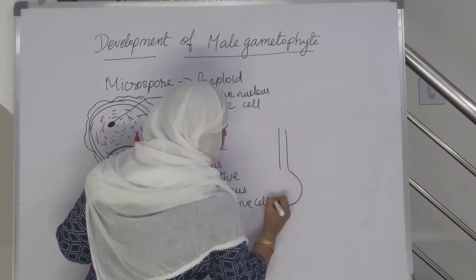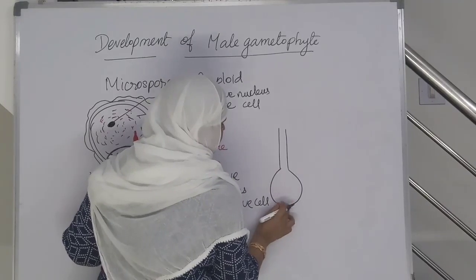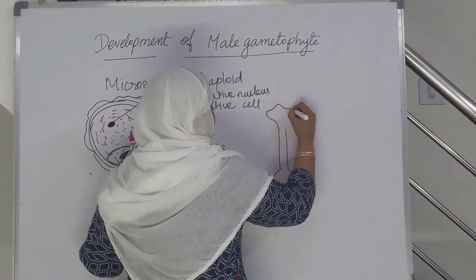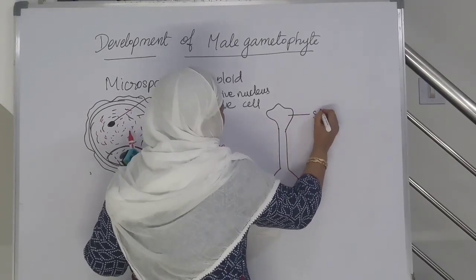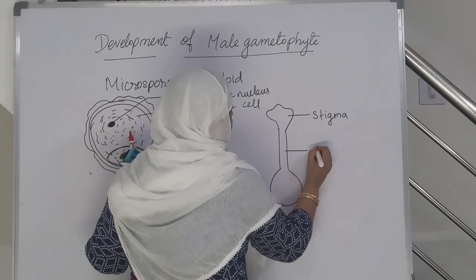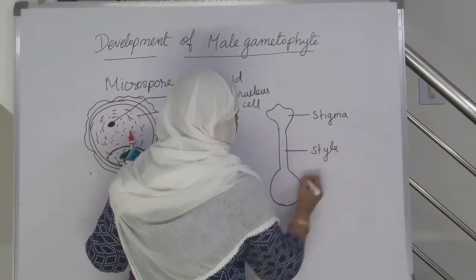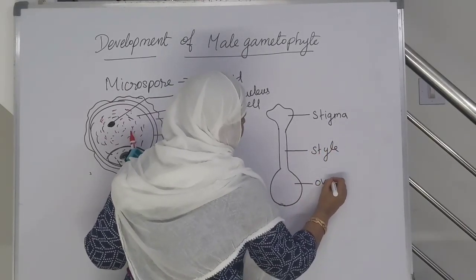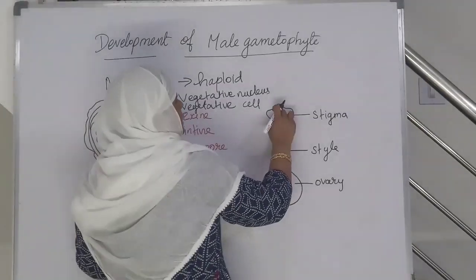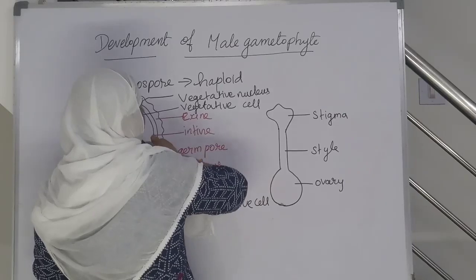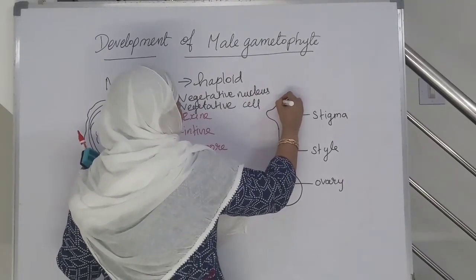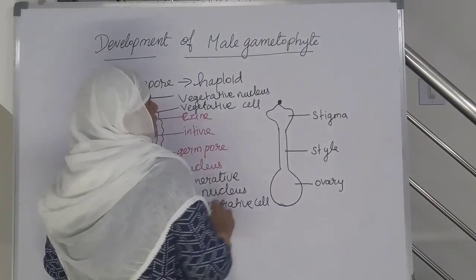This is the ovary, this is the stigma, this is the style, and here the ovary; this is the pistil in total. On this stigma the pollen grain comes and lies down.